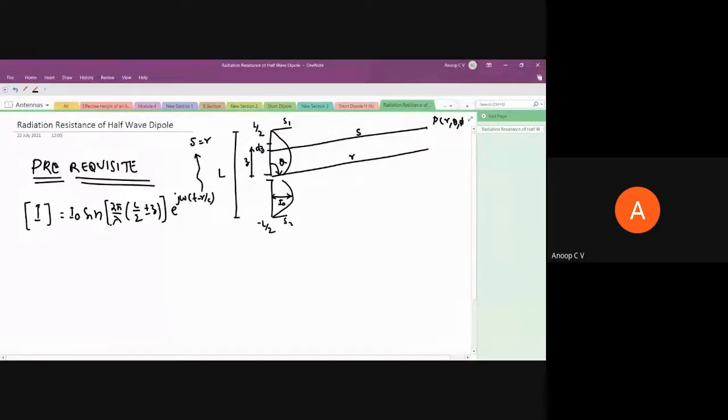This small length dz, I can consider as a short electric dipole with capacitive loading. Even though the current distribution is sinusoidal, if you consider an infinitesimally small length, you can assume the current over that is constant. This is why we have been dealing with the short electric dipole, even though it is a hypothetical case; I've been telling you it's the end-loaded case, because the current is constant.